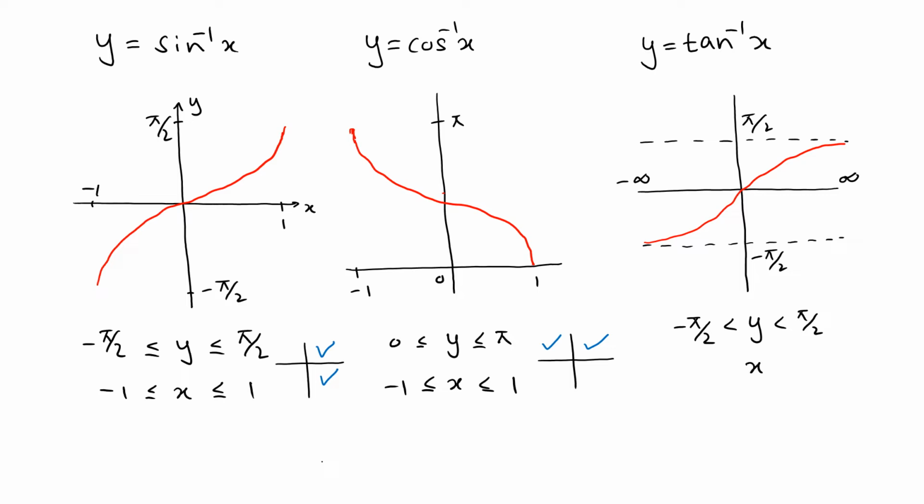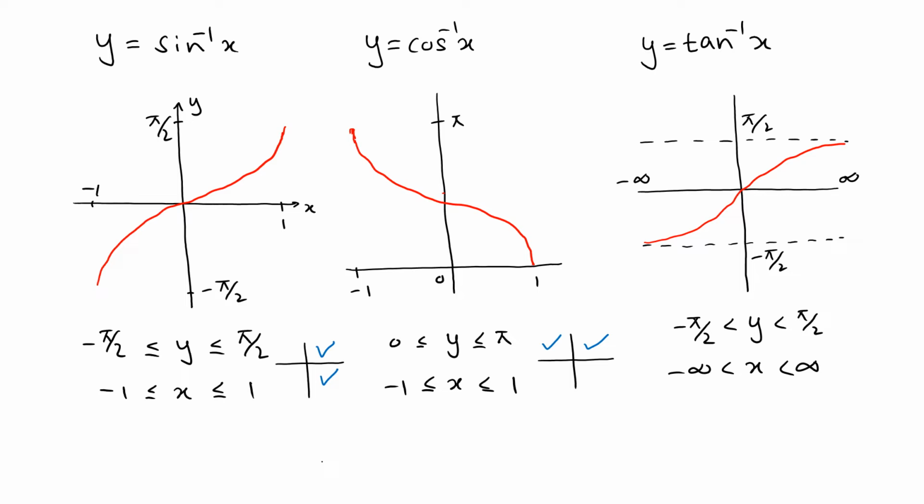So that's how we define sine inverse, cosine inverse, and tan inverse. Again, the range of sine inverse is from negative pi over 2 to positive pi over 2. The range of tan inverse is from negative pi over 2 to positive pi over 2 without the corners. And the range of cosine inverse is from 0 to pi.